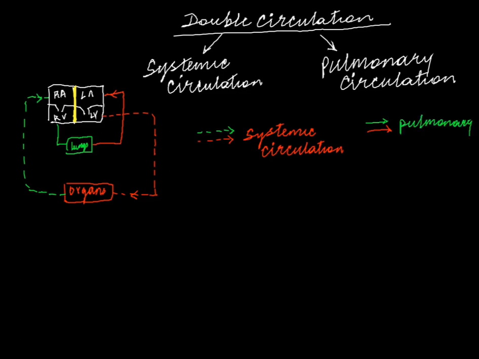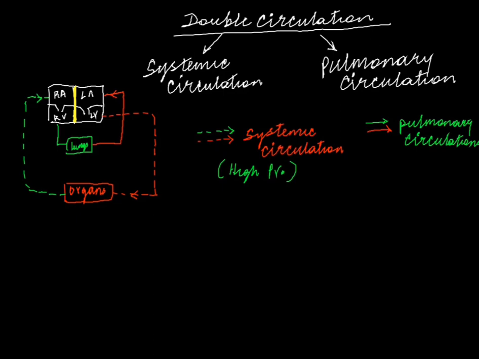Now, these two circulations, why is this important? First thing is that it ensures that oxygenated and deoxygenated blood do not mix, so that the tissues receive a continuous supply of oxygenated blood. Number one. Number two, the left ventricle is very thick, and because of that, the systemic circulation is a very high pressure circulation which pumps blood at high pressure to all parts of the body.